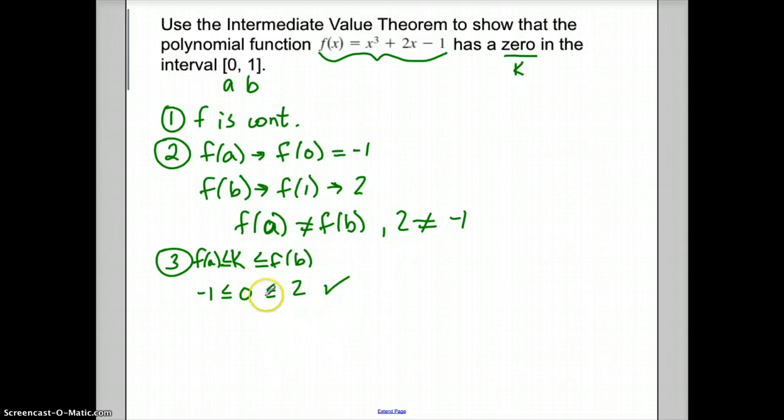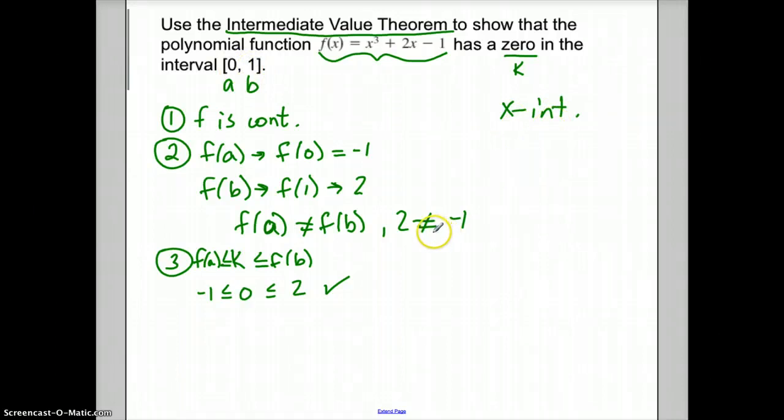So that means that there is some x value, in between 0 and 1 where this graph equals 0. So it's where the graph crosses the x-axis. So we're finding an x-intercept here. And we know for sure, based on the intermediate value theorem, that there is at least one place between 0 and 1 that this function crosses the x-axis.